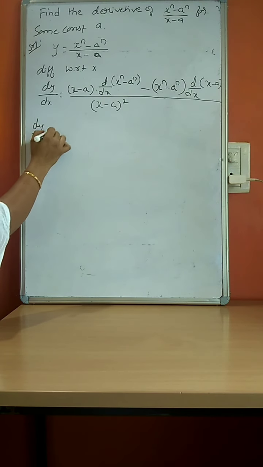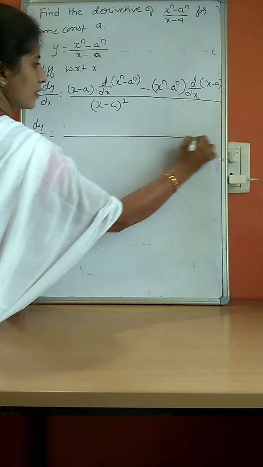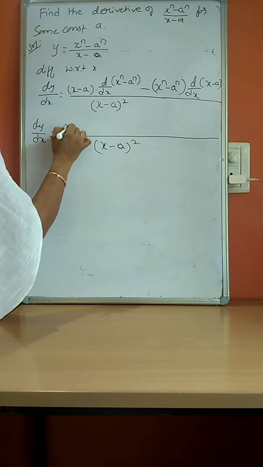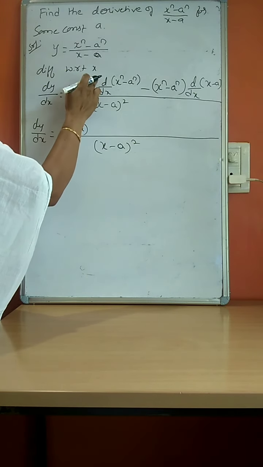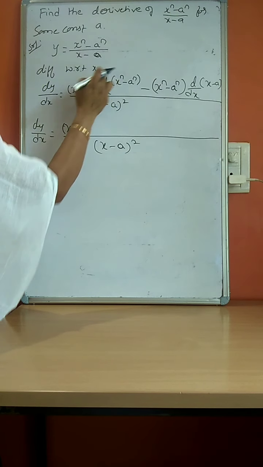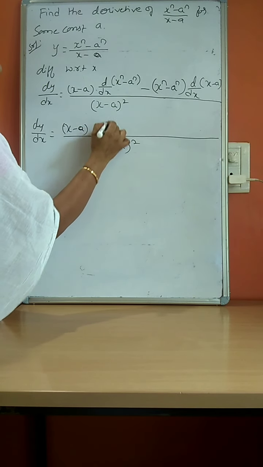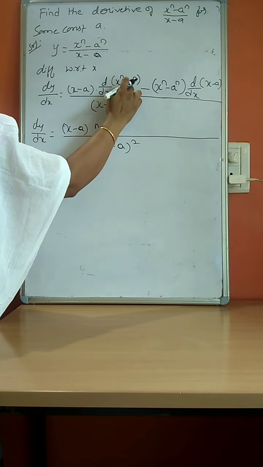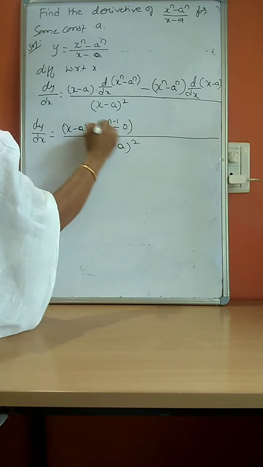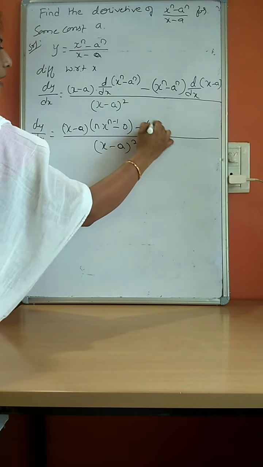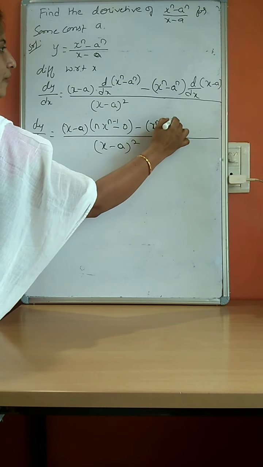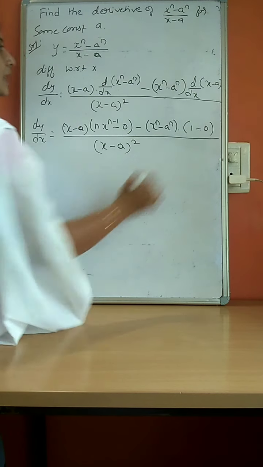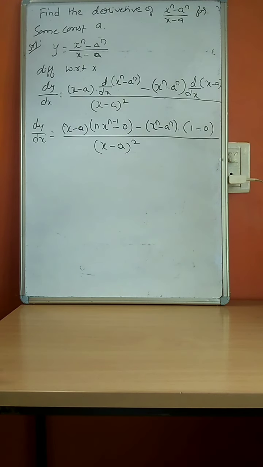dy by dx is equal to x minus a whole square, here x minus a into, see, differentiation of x to the power of n is what? n into x to the power of n minus 1, minus differentiation of a power of n is what? 0, minus x to the power of n minus a power of n into differentiation of x is what? 1, minus differentiation of constant is 0.